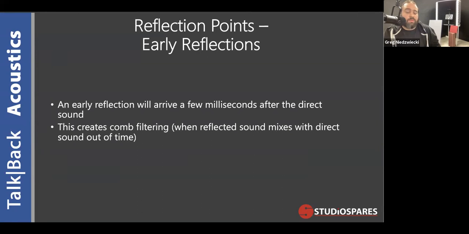Effectively you could end up with no top end, or you may not be able to hear correctly all the frequencies that you're mixing. It will cause you to make poor mix decisions. You could end up with mixes with no top end, too much bass, too little bass. So it's important to treat these reflection points first.